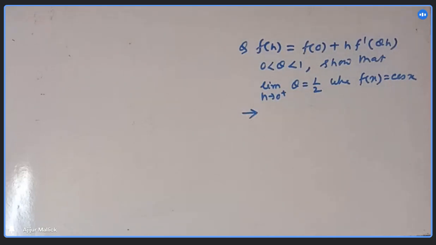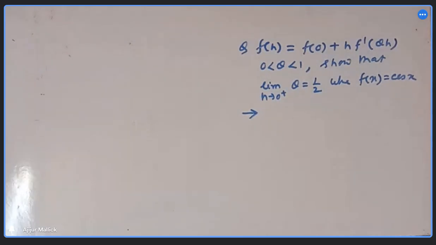Well, how can we proceed? Here the function is given. What is the interval here? Anyone please? 0 to h, right? 0 to h, a is 0 here. So the interval is 0 to h. In this interval 0 to h, the cos function is continuous. The cos function is always continuous.